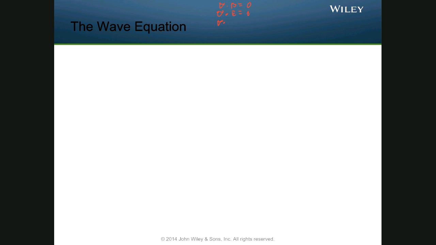Del cross B equals mu naught epsilon naught dE/dt, and del cross E equals minus dB/dt.